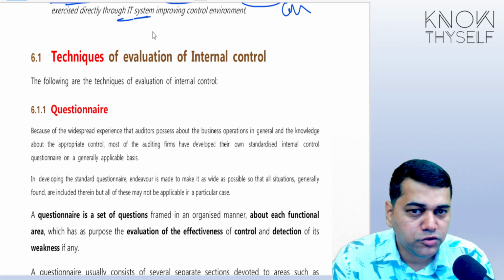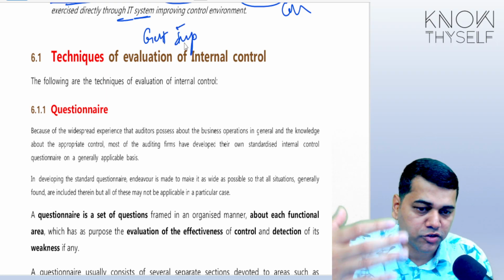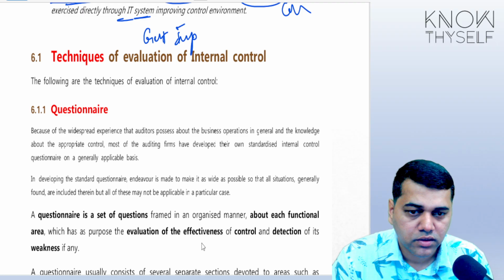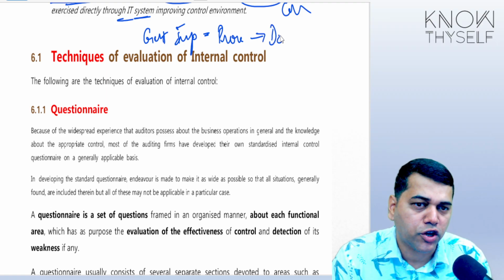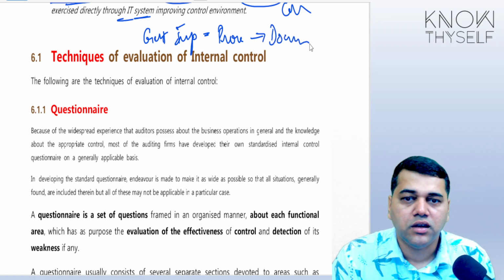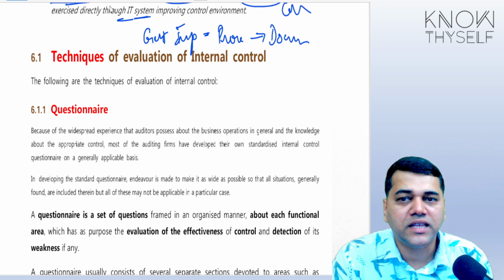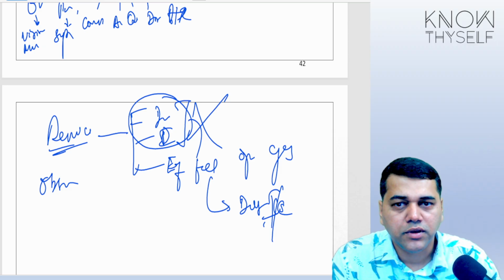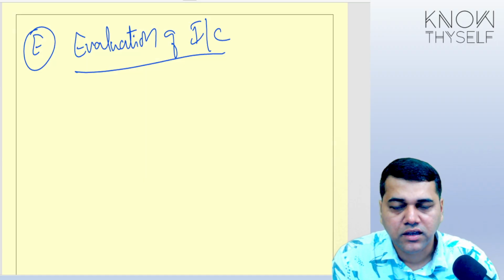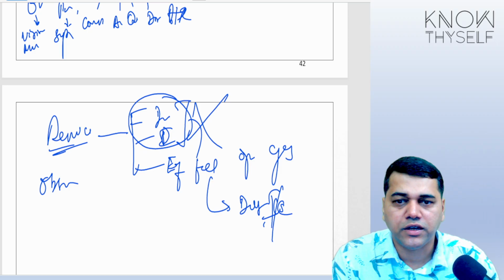Evaluation means you need to get some sort of input. Then you need to have a process, and you need to have documentation. Primarily, there are three types of evaluation techniques.